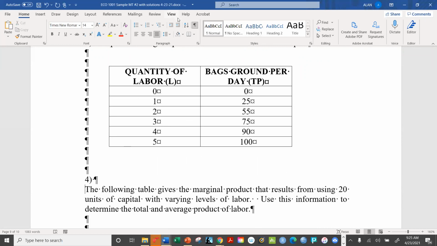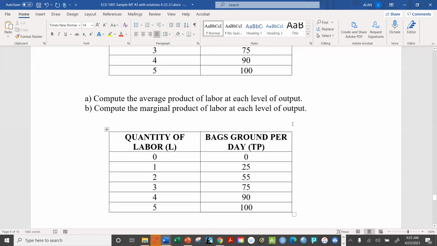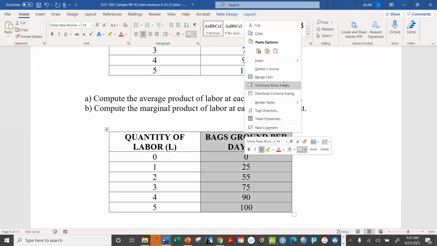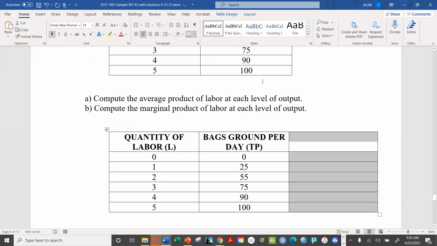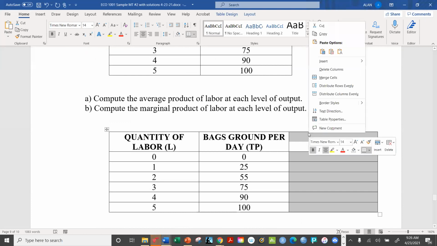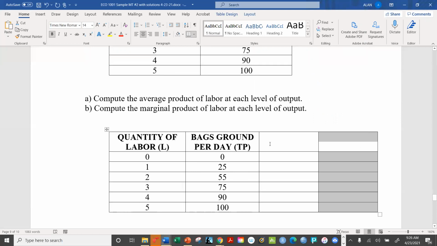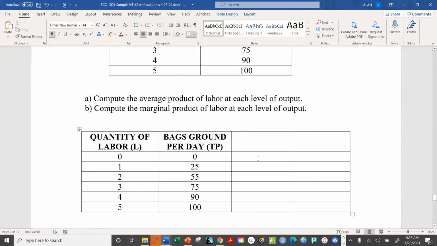One for average product of labor, total product over the quantity of labor.